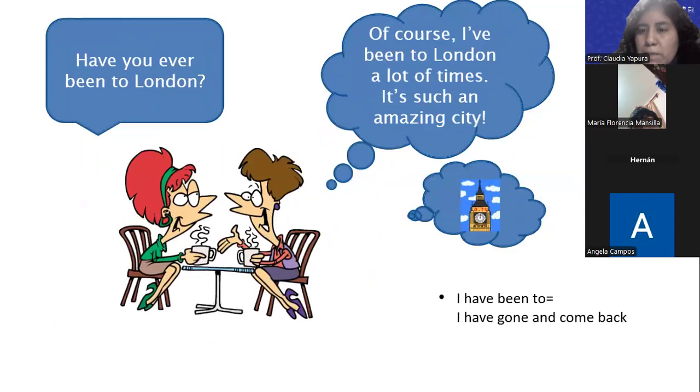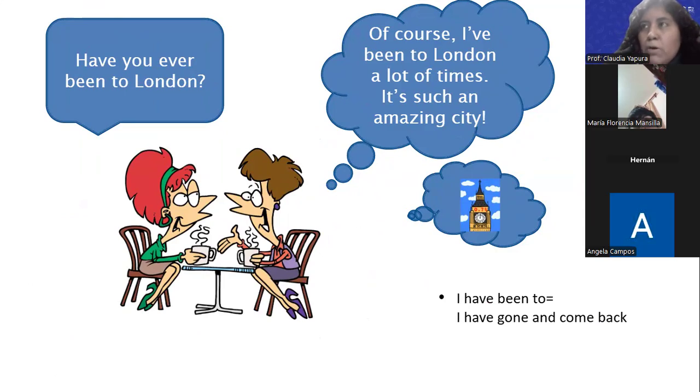Let's see another example. Have you ever been to London? Of course, I've been to London a lot of times. It's such an amazing city. When I say I've been to London a lot of times, I don't mention when. Quizás fue hace 5 años atrás, hace algunos meses.